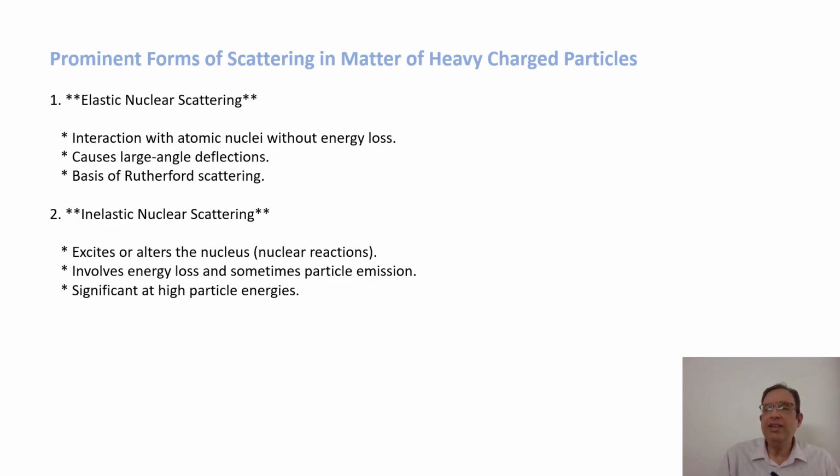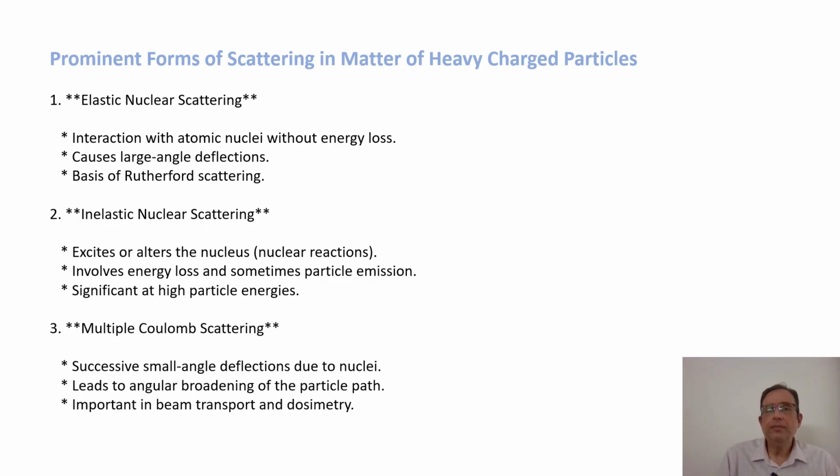That means it can change its nuclear species, and some particles are lost in the emission in that process by the nucleus of the medium. And it is at high energies this kind of interaction is possible. Then of course you can have multiple Coulomb scattering one after another when small deflection takes place, because smaller energy is transferred to the nucleus of the medium.